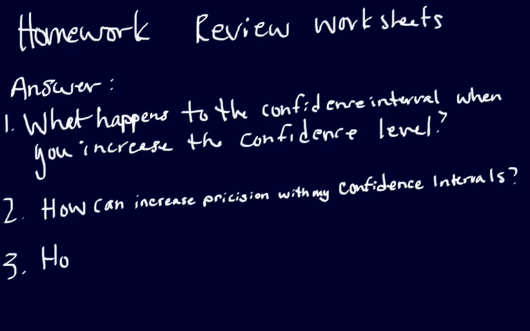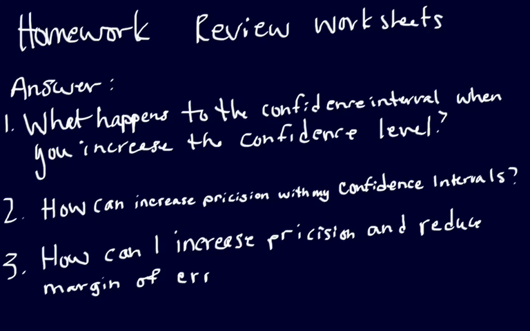All right, number 3. This one's a little easier. How can I increase precision and reduce margin of error at the same time in a confidence interval? In other words, everything that I want to happen happens. If I do anything else besides what I'm asking you for here, I have a choice. I can be very precise, or I can be very confident. It's inversely related, except when I do one thing.